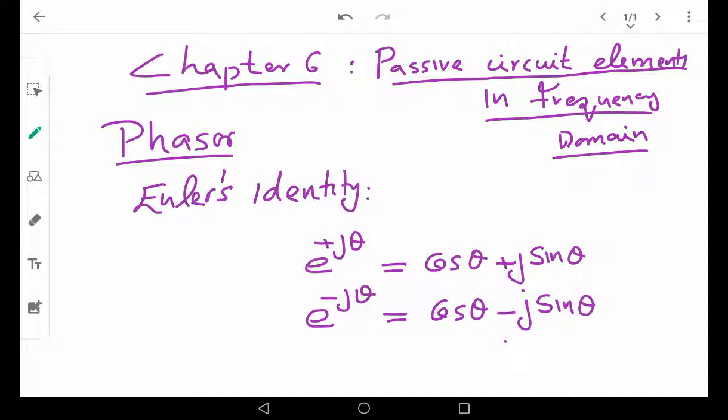These are two identities called Euler's identities. So you can say cos theta is the real part of e raised to j theta, and sin theta is the imaginary part of e raised to j theta.